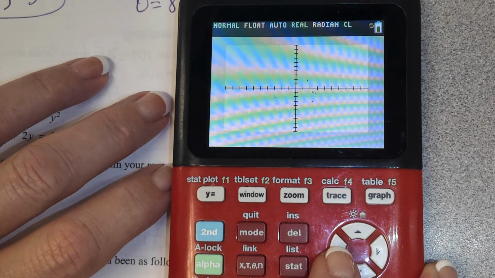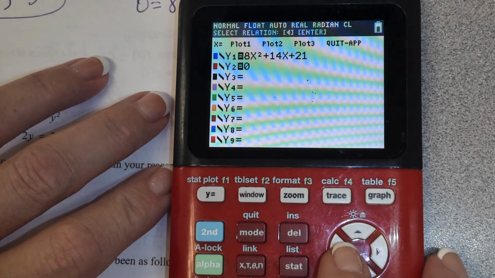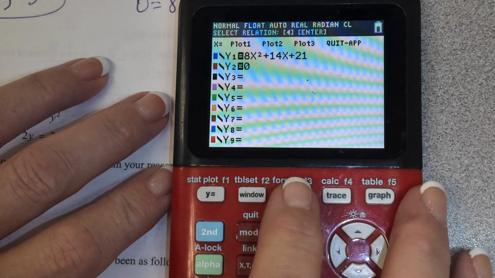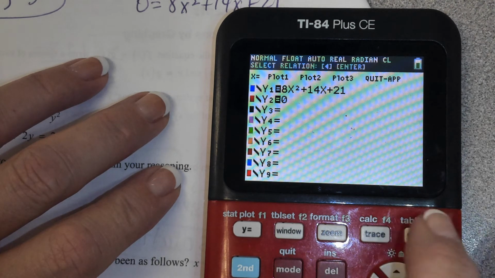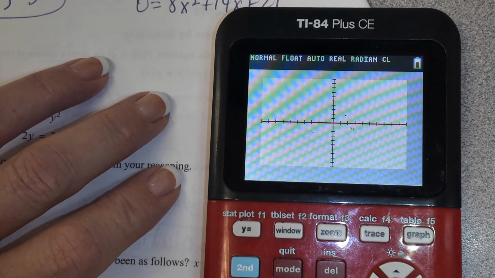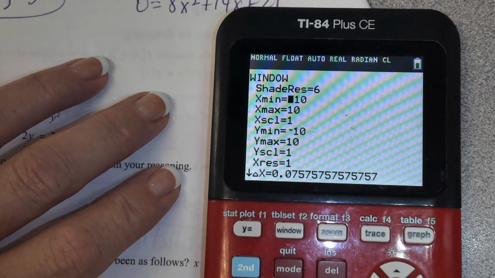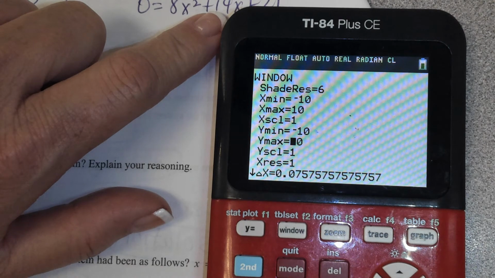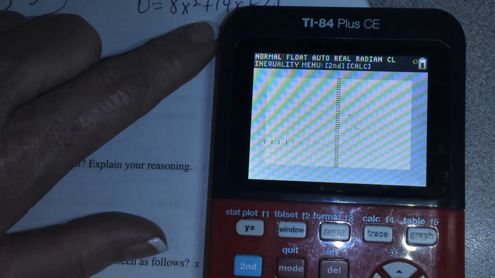Sometimes when you're trying to factor, it's just hard to see. What did I leave out? Okay, maybe this must be no solution then. I'm going to go up further. Because of this plus 21, it might be up there higher.